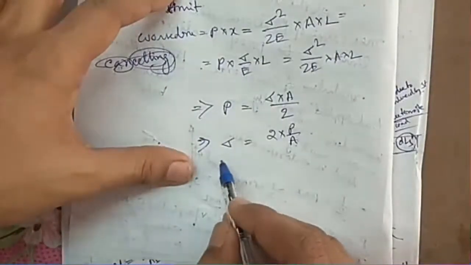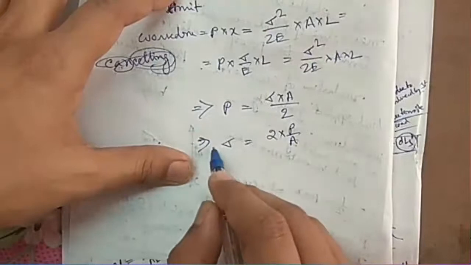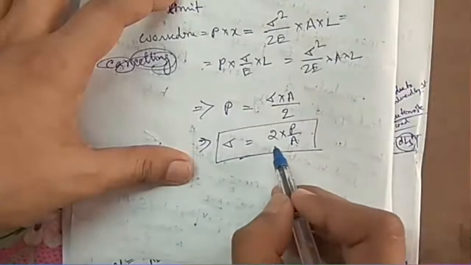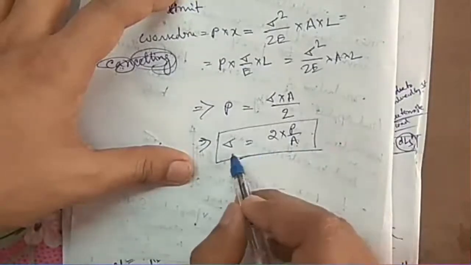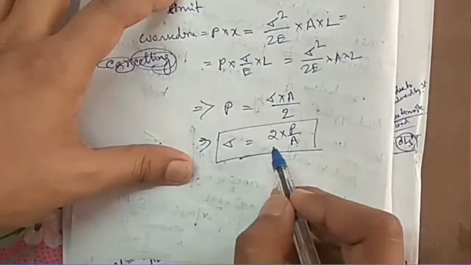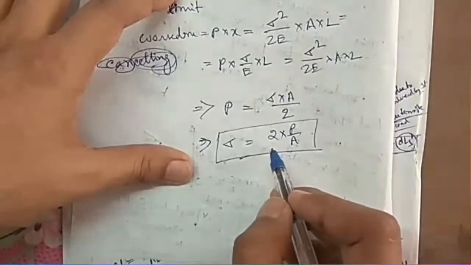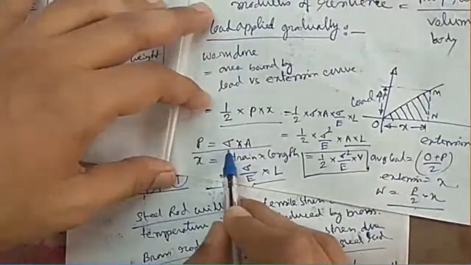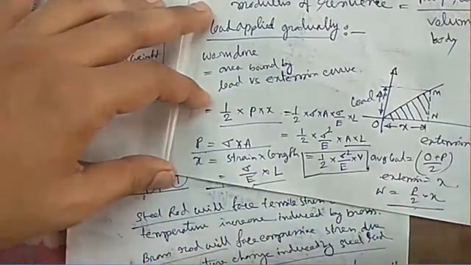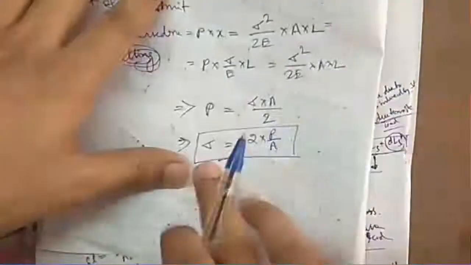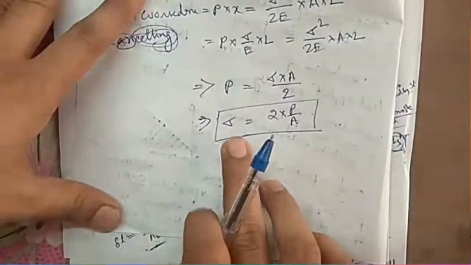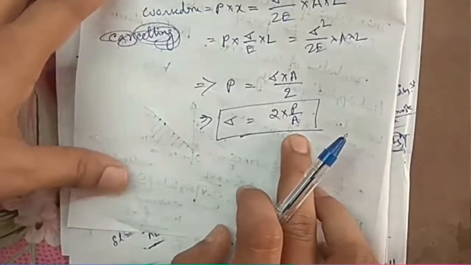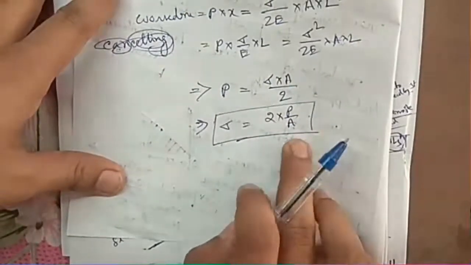When the load is sudden, the value of stress becomes twice compared to gradually applied load. In the previous case, sigma was simply P by A for gradual load, but in case of sudden load, the induced stress is twice that of the stress occurring at gradually applied load. So this is where we get the difference.